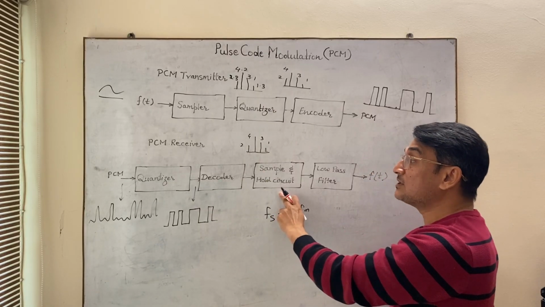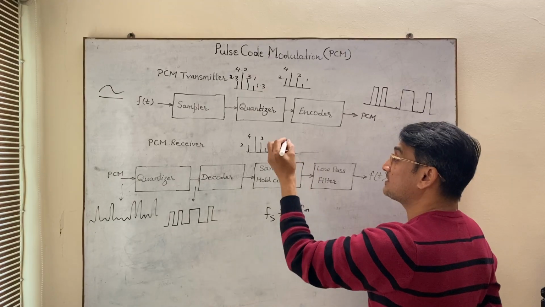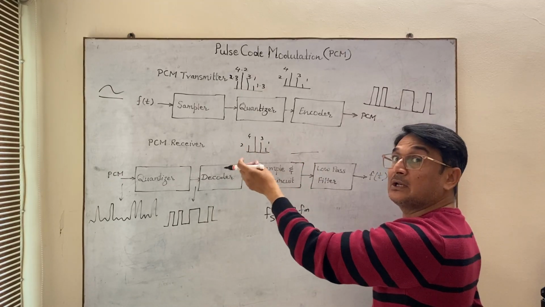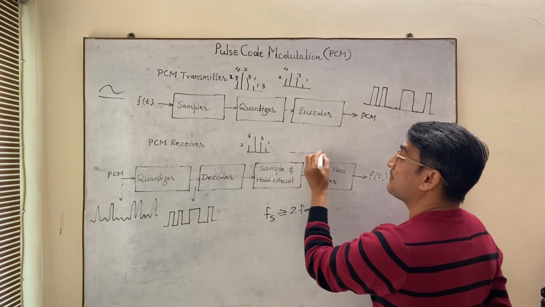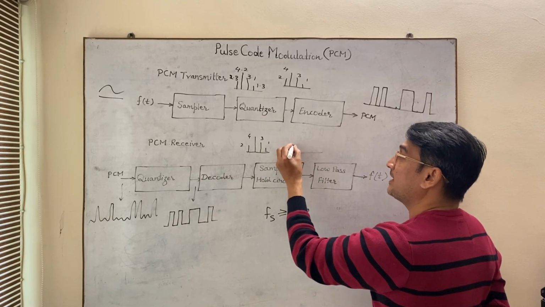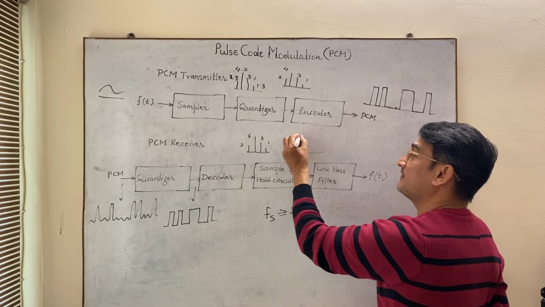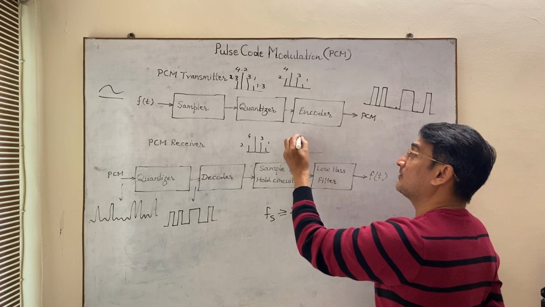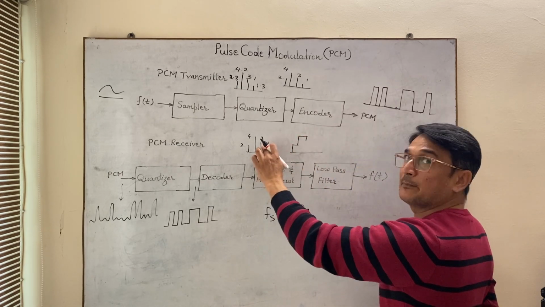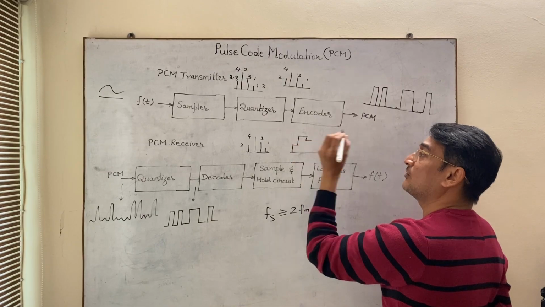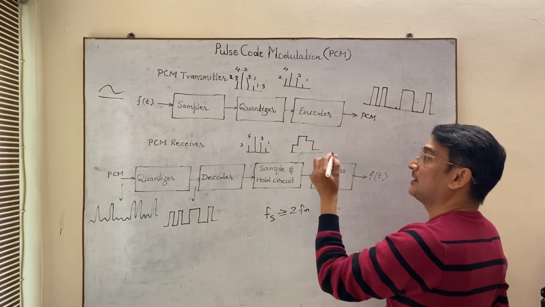Then the sample and hold circuit is the next block. What it does is hold the previous sample until the next sample arrives. For example, the first sample is 2, so it holds 2 volts until the next sample 4 arrives. Then 4 will be held till the next sample 3 arrives. Then 3 volts will be held till 1 volt arrives, and so on.